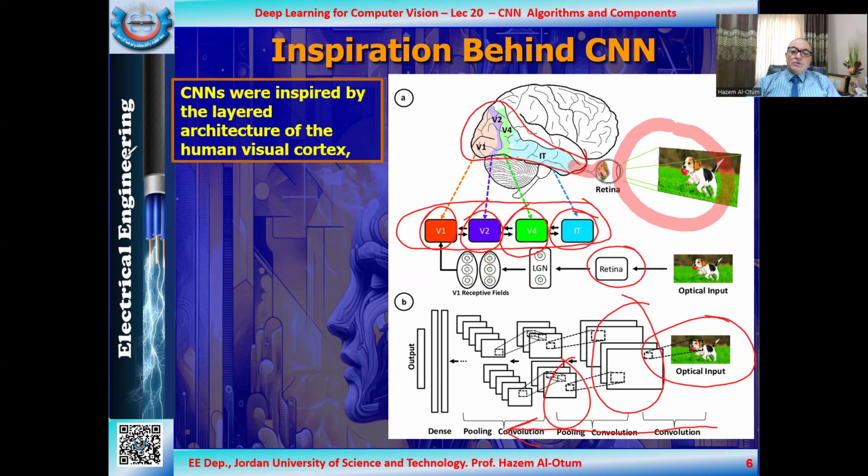And finally, using the interaction between the brain parts, with the information from the V1, V2, and V4 receptive fields, you will get an output, and this will give you the ability to recognize that this is a dog, not a cat, for example, or not another animal. So this is the main idea behind how CNNs are built to mimic the human visual cortex in the brain.